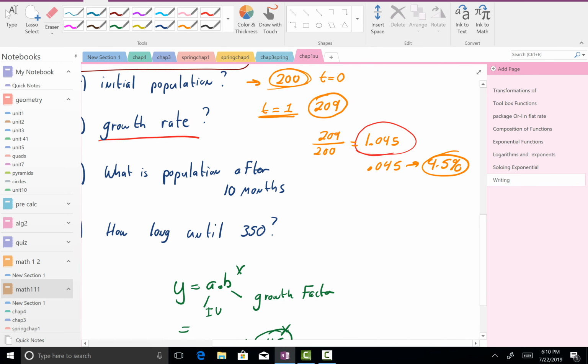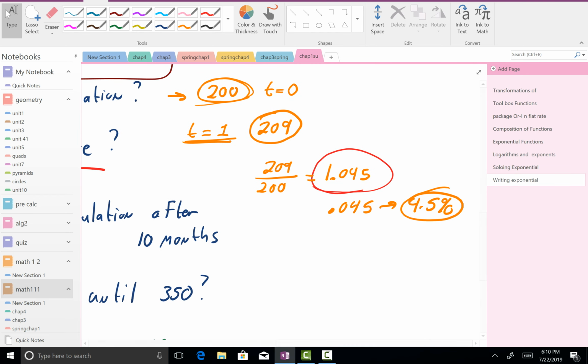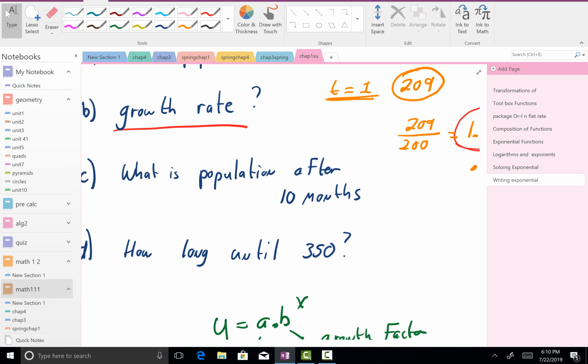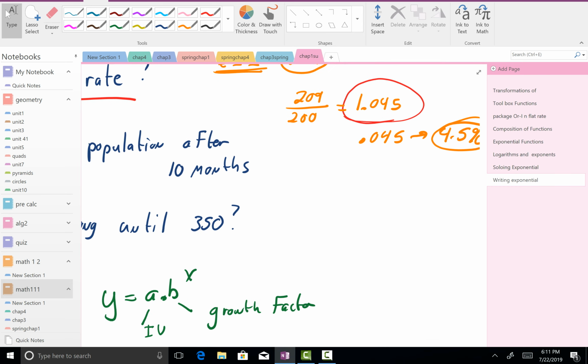All right. So we got our growth rate, 4.5%. What is the population after 10 months? All right. Well, we can figure out what it is after 1 month. To do that, how do we figure out what it is after 10 months? What are we going to do? How did we figure it out after 1 month?